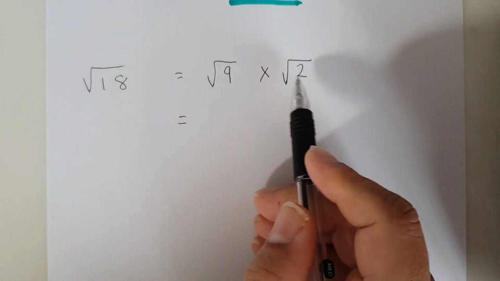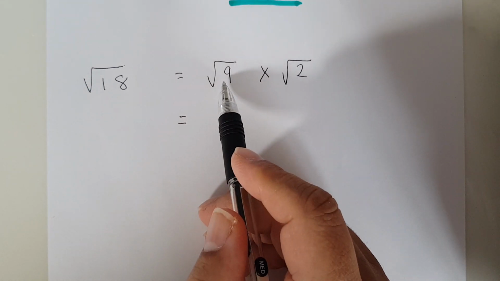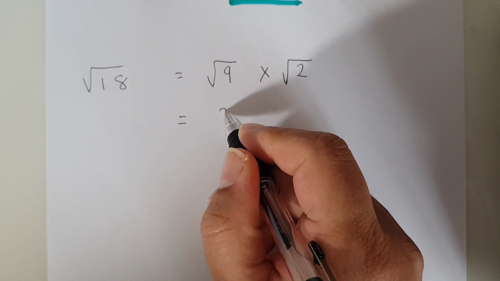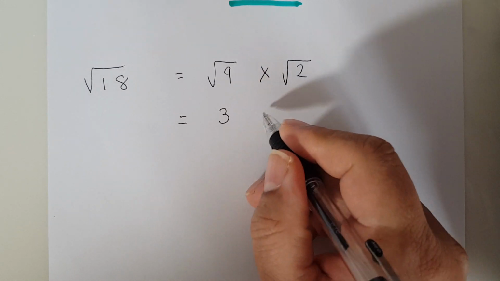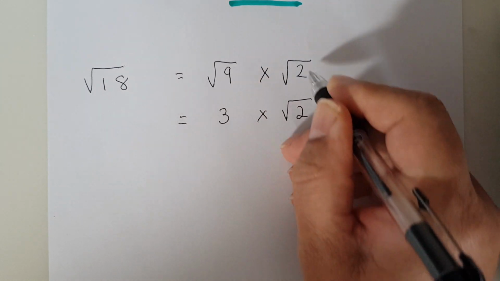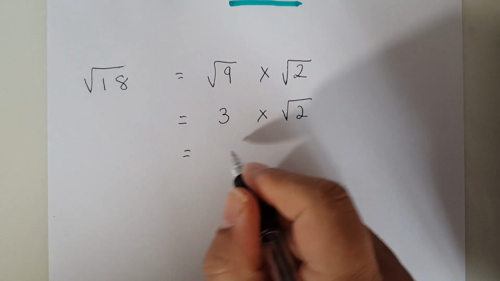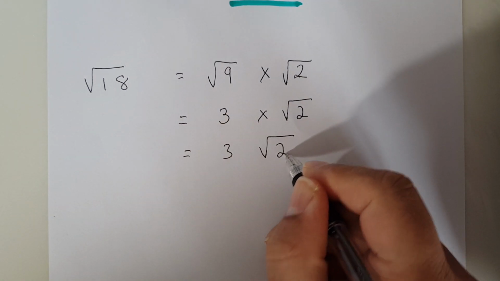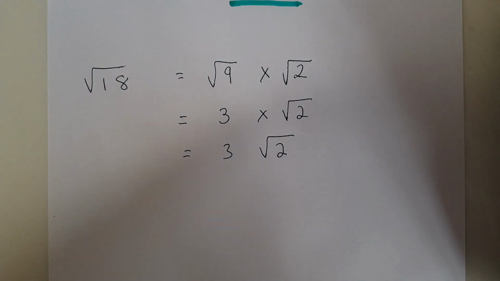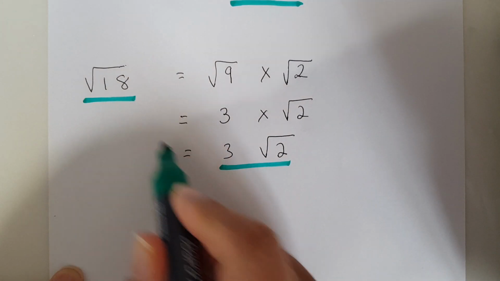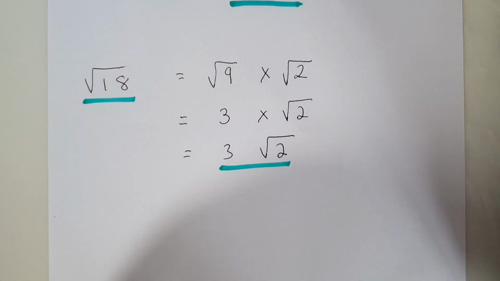Hopefully one of these you can square root. That one we can, because square root of 9 is 3. 3 times 3 is 9. You can't do anything with the 2. Carry on simplifying and you get your answer: square root of 18 is 3 square root 2.